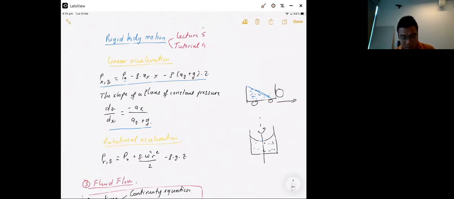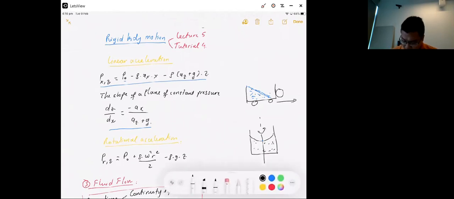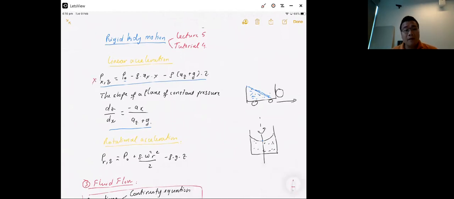You can see in the equation, if ax and az are 0, you will have the equation P equals P0 minus rho g z, which is the equation you have in pressure variation.